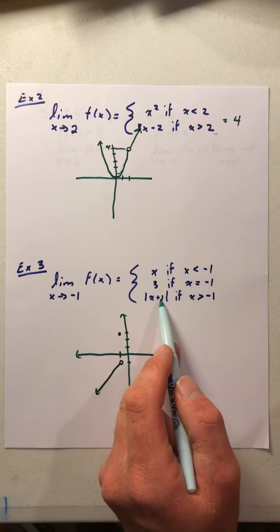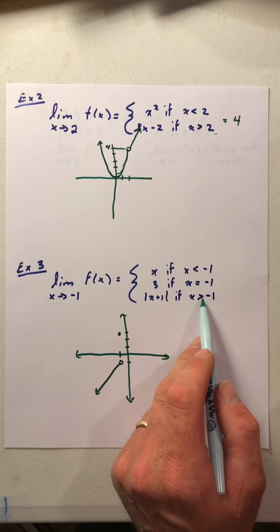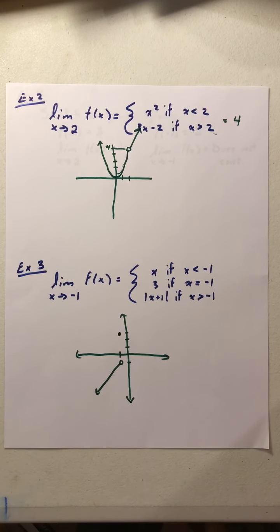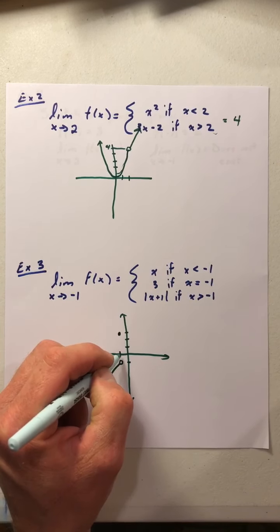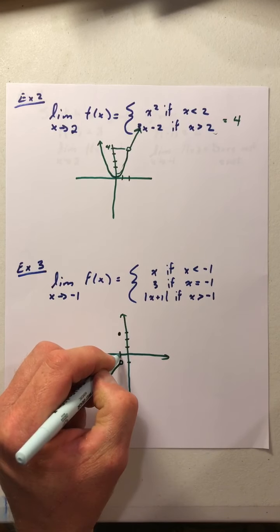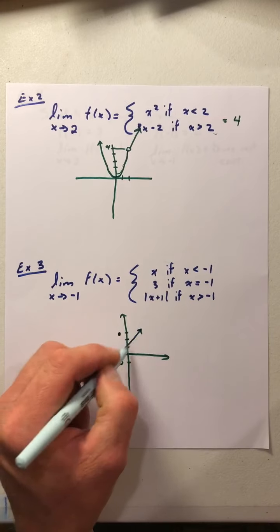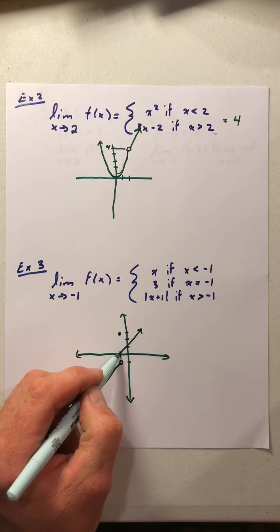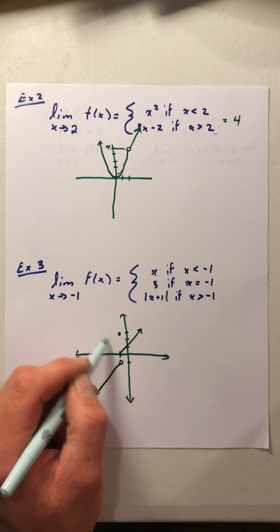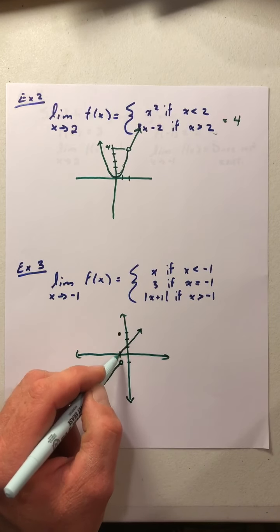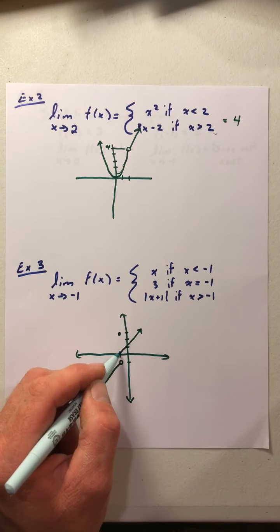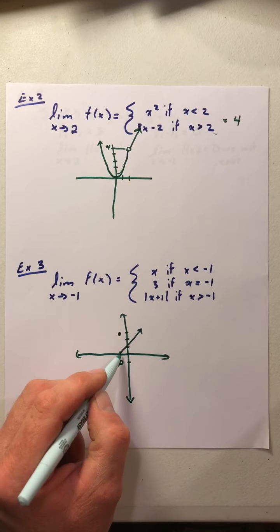Then we have the absolute value of x plus 1 if x is greater than negative 1. That's going to be a V with its vertex at negative 1 and a slope of 1 coming up and out of it. The other part of the V we don't need to draw because it's not defined to the left of negative 1.